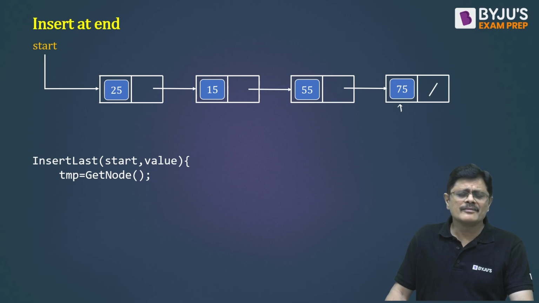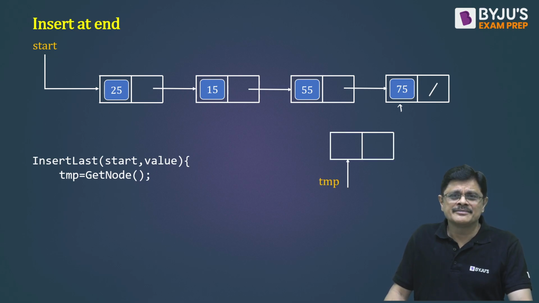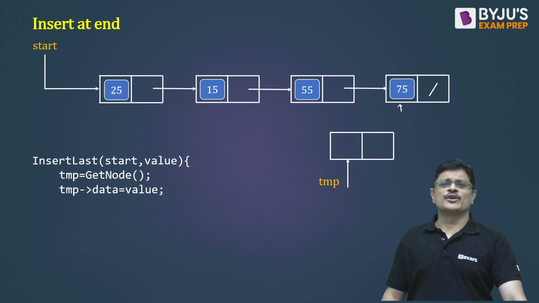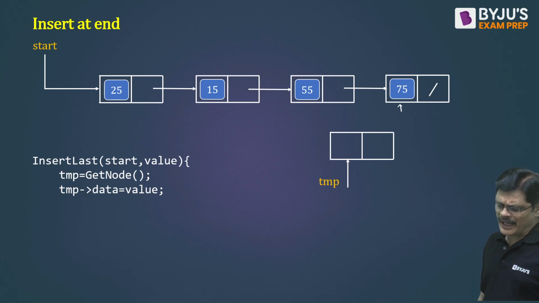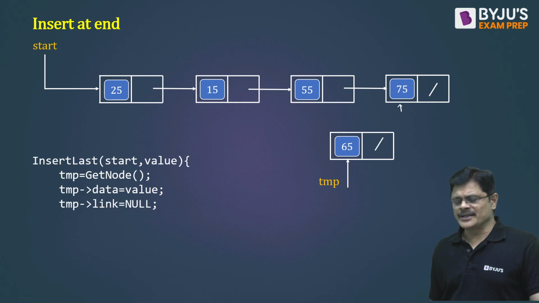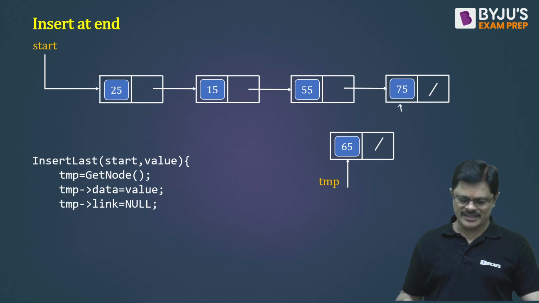Create a node, keep it ready. Temp data is equal to value, that is the data field to be updated, maybe 65. The link is initially null, of course, because it is the last node. So obviously its link will be null, my dear friends.